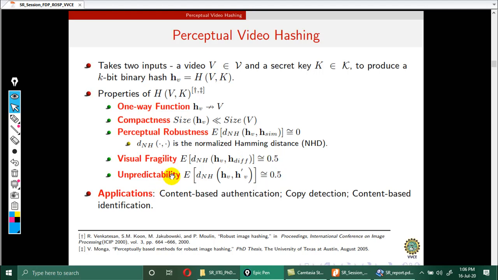And what about the unpredictability? Suppose I have a video 1 and video 2. Video 2 is a near duplicate of video 1. This time I will generate a perceptual hash from video 1 using a secret key k1, and I will generate a perceptual hash from video 2 using a secret key k2.